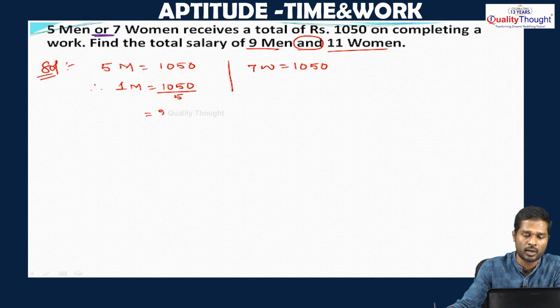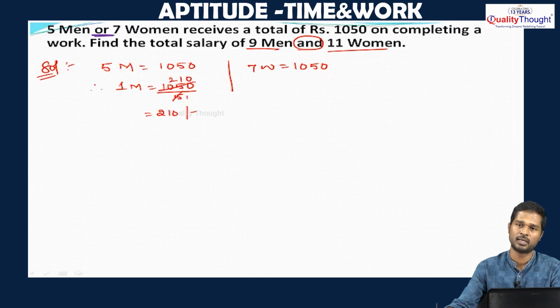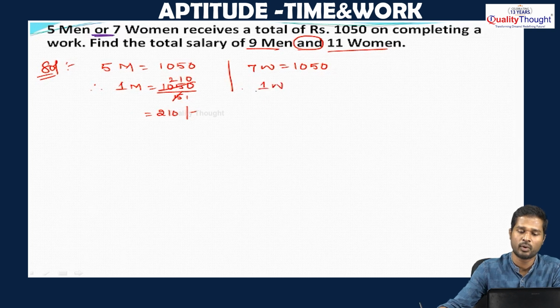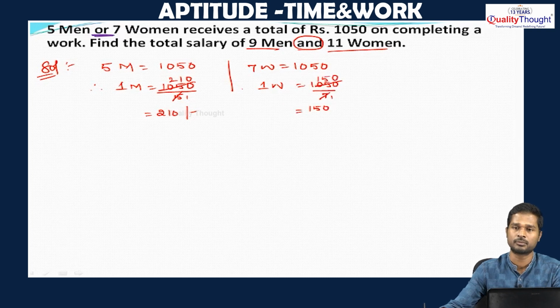So this is 210 rupees. 5 ones are 5, 5 twos are 10, 5 ones are 5. That means one man's salary is 210 rupees. Similarly, one woman's salary is 1050 by 7, which is 150. 7 ones are 7, 7 fifteens are 105, 0.